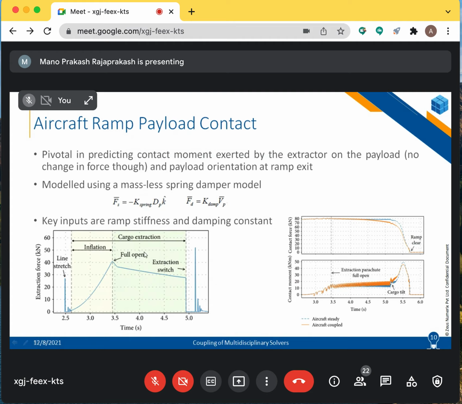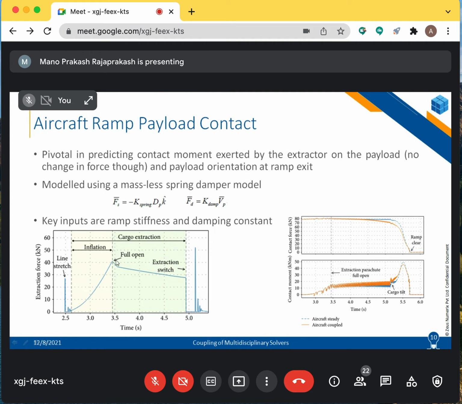Now I'll briefly come back to this graph. This is the extractor force, that is, the aerodynamic force experienced by the parachute as a function of time. At T0, the bag was thrown into the airstream, and at this point it has just started to inflate, meaning the canopy is going to expand.